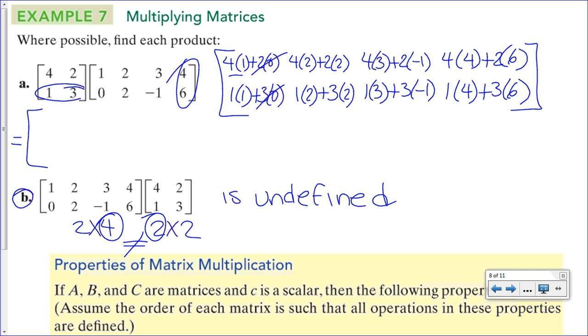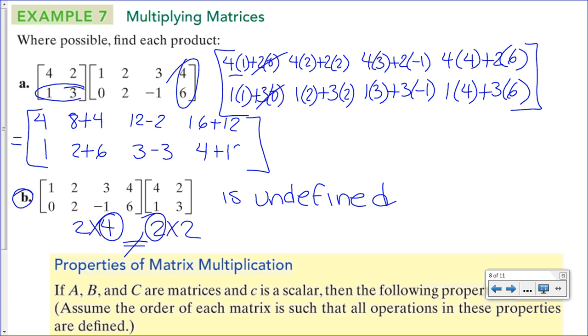Now we have 4 times 1, that is 4. We have here 4 times 2, that is 8, plus 4, and then 12 minus 2, 16, plus 12. Second row, we have a 1, we have a 2 plus 6, we have a 3 minus 3, and we have a 4 plus 18.